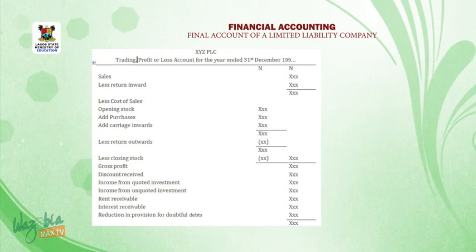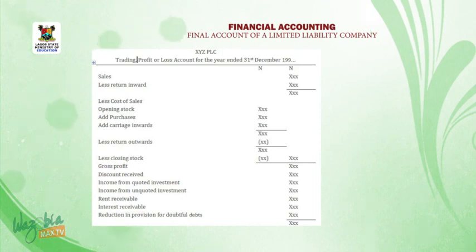We now look at the vertical format of preparing the trading profit or loss account of a limited liability company. In this case, you have our appropriate heading: XYZ PLC, trading profit or loss account for the year ended 31st December 19--. We have our sales. You less sales return, we get our net sales.